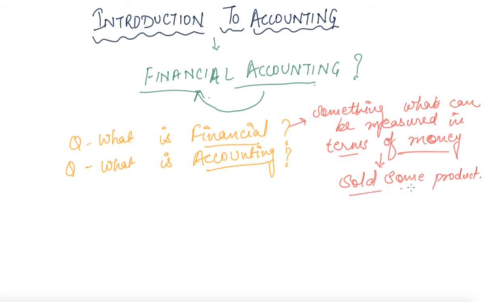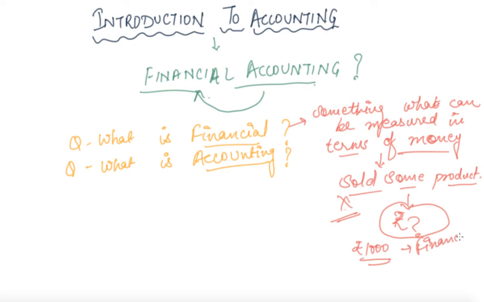Obviously, you have sold some product for some amount, but if you are not aware of what the amount is, then it is not a financial transaction. But say if you sold some product worth rupees 1000, then it is a financial transaction as you have something to record with.